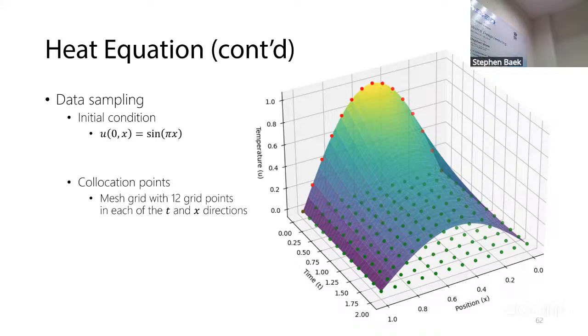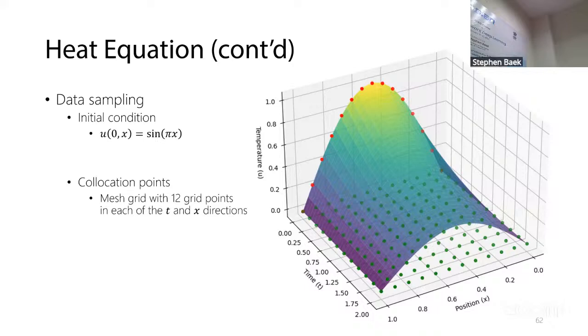Actually, I should have explained how to read this plot, since those of you who are not mechanical majors may not be as familiar. So we have the evolution of time, and here's the position x. So the rod is in this direction, and then the temperature distribution.